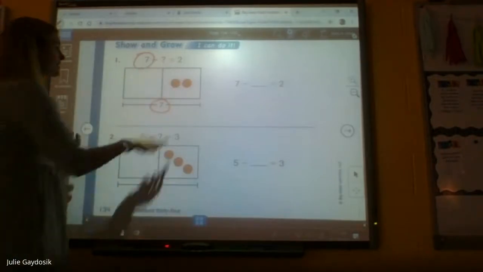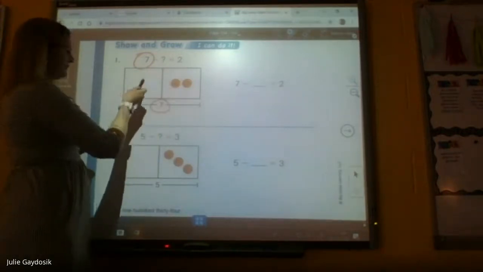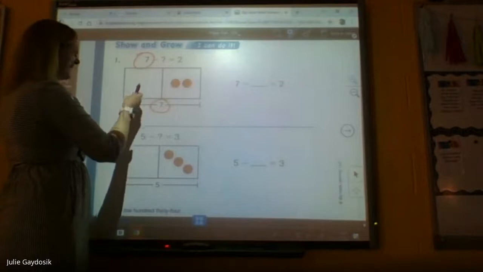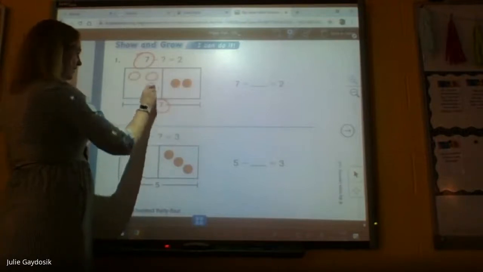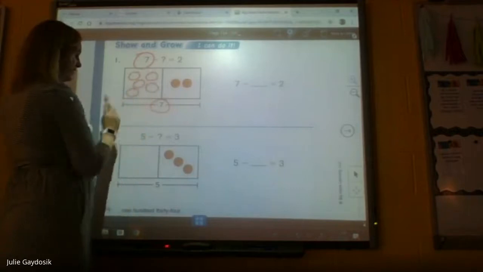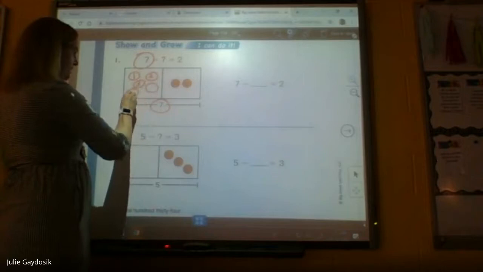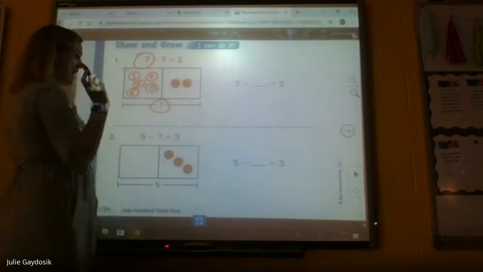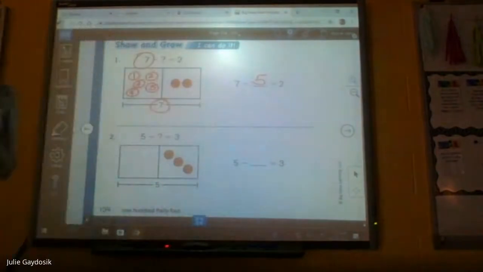Or you'd have to take 2 and count on to 7. 2, 3, 4, 5, 6, 7. And you'd see that you have 1, 2, 3, 4, 5 circles here. So 7 minus 5 equals 2.